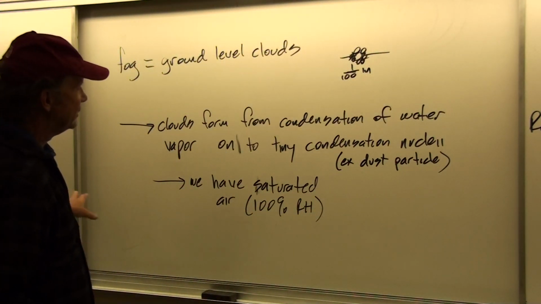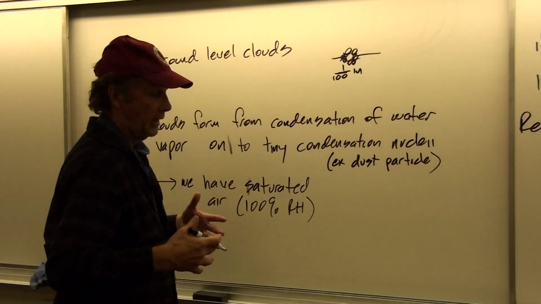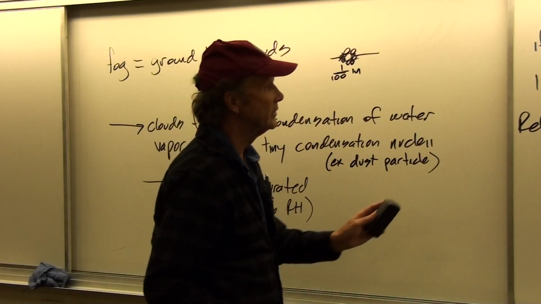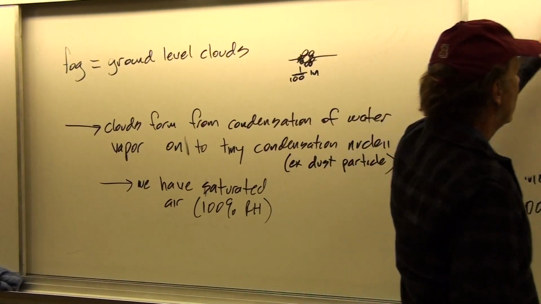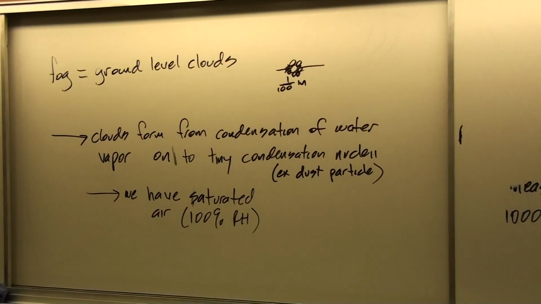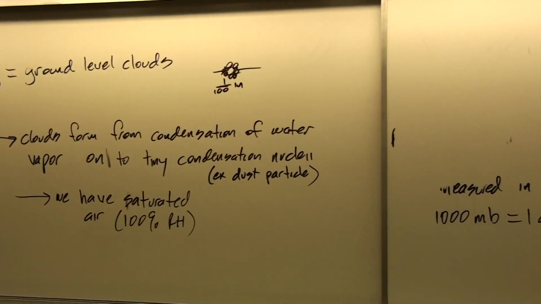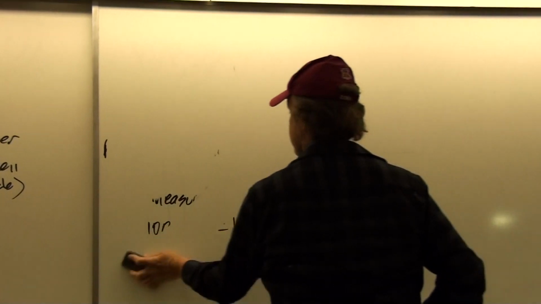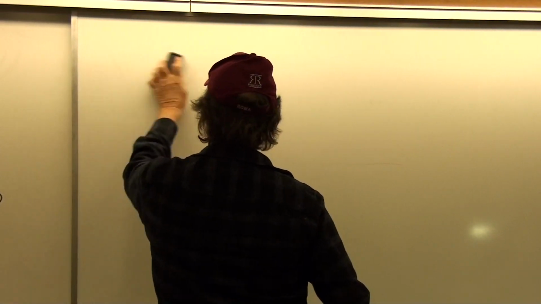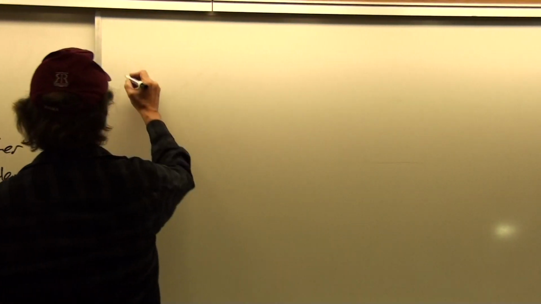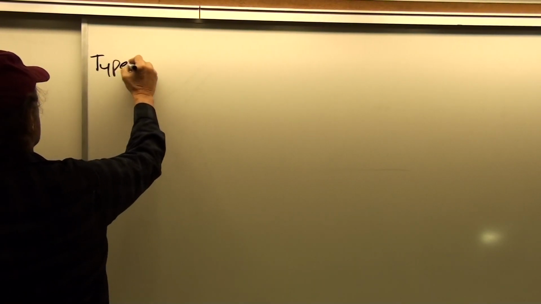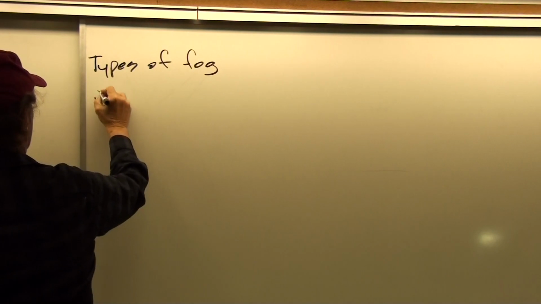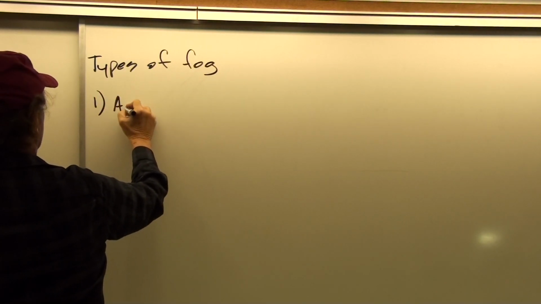And this tends to happen because of various reasons to occur on the ground rather than up in the air. So let's look at a few causes of fog. One, the acid fog.